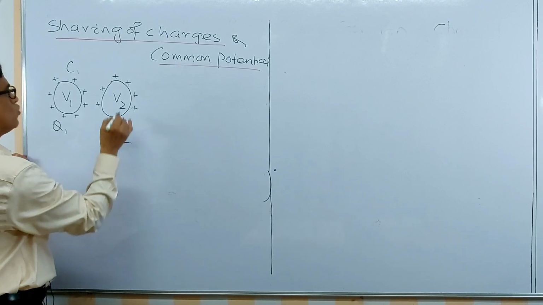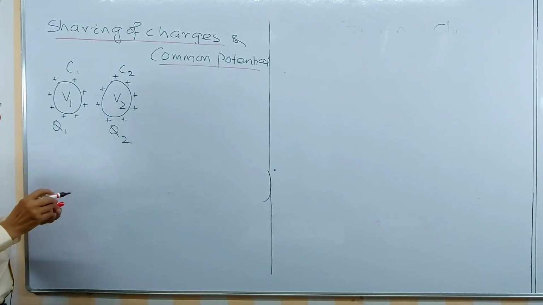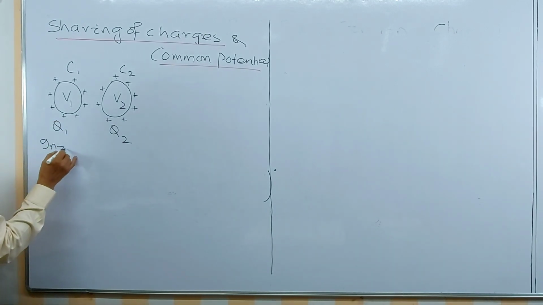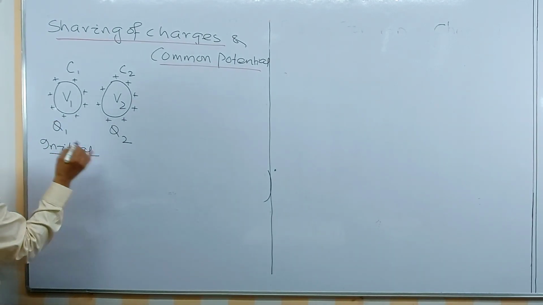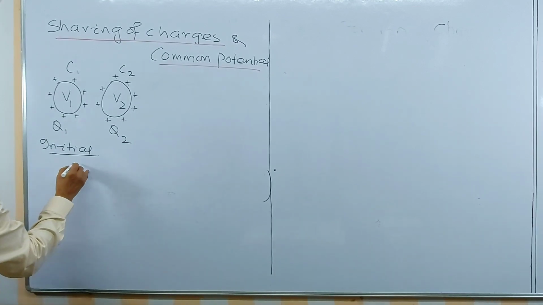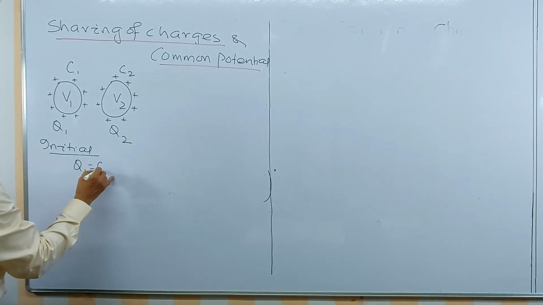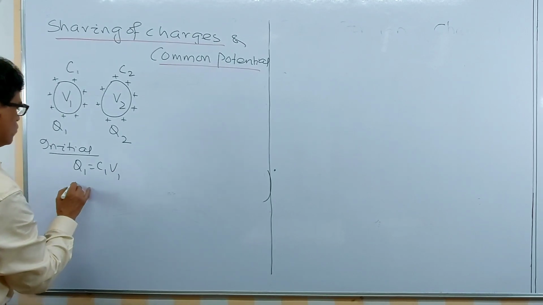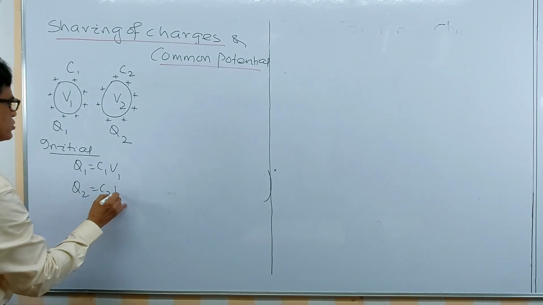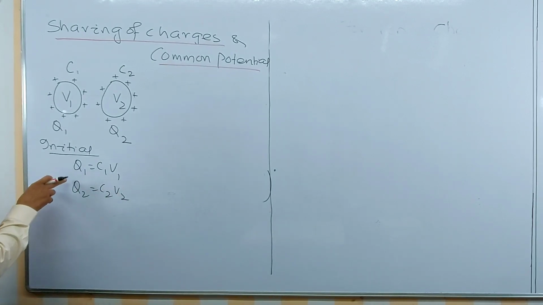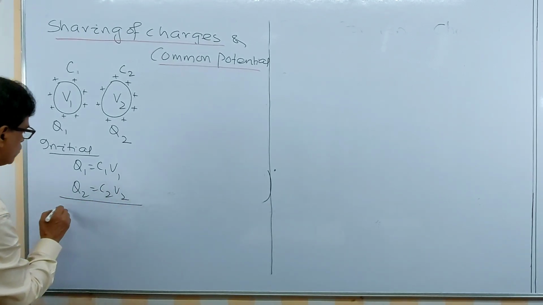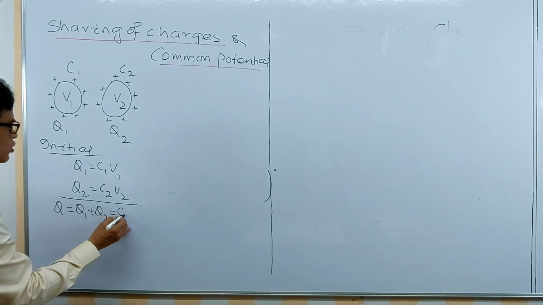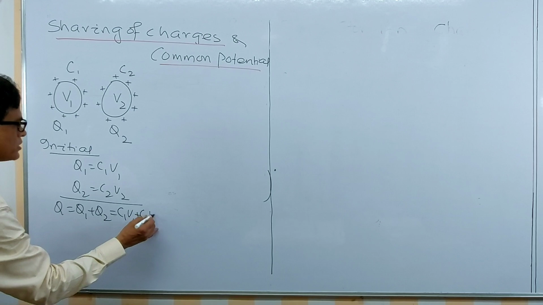This is Q2 and this is C2. Now this is the initial condition. Q1 is equal to C1 V1, Q2 equal to C2 V2. Total charge will be the addition of these two, so Q1 plus Q2 equal to C1 V1 plus C2 V2.